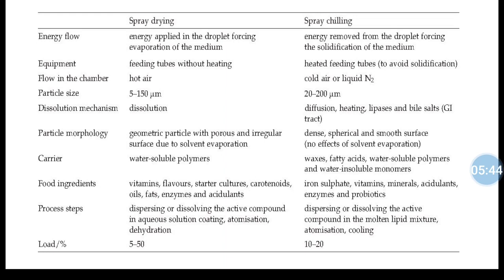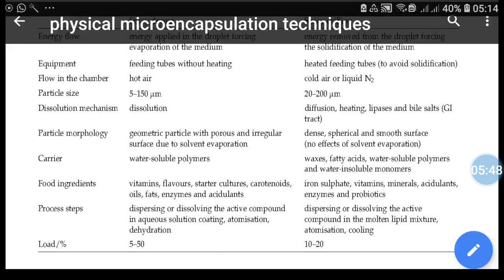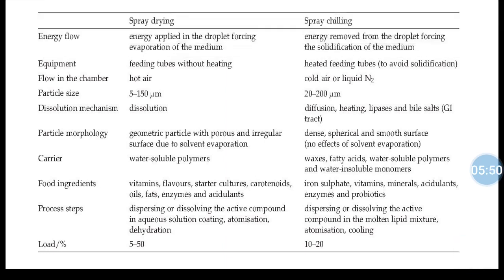If we study these two methods side by side, the energy applied in spray drying causes evaporation of the liquid manufacturing phase, whereas in spray chilling energy is removed and it causes solidification of the coating material.